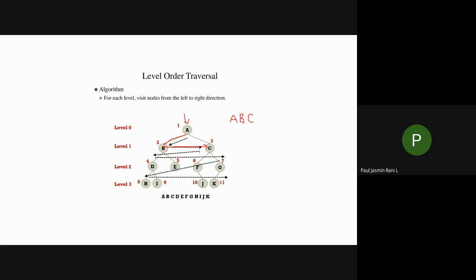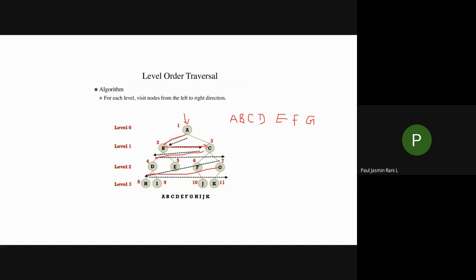From C, when this level 1 gets over, you have to go to the next level 2. In that you have 4 elements. All the 4 elements are to be printed in order. That is D, next E, next F, and last G. After knowing that G is the last element in your level 2, you have to move from G to the next level 3.